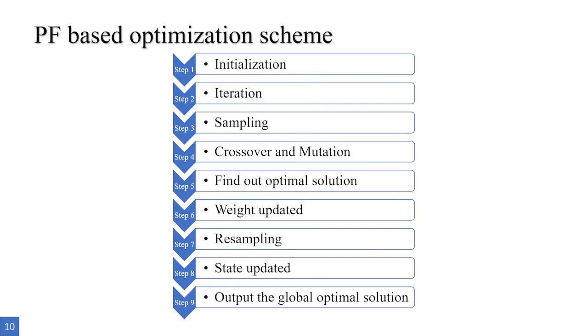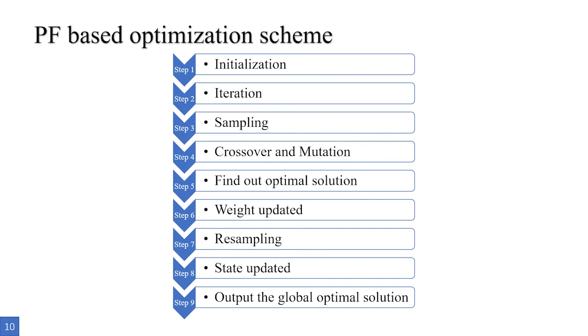Step 7. Resampling. As the iteration goes on, ineffective particles might be decreased significantly, which leads to the optimization converging prematurely. When the number of effective particles is less than a threshold, the resampling process must be performed.